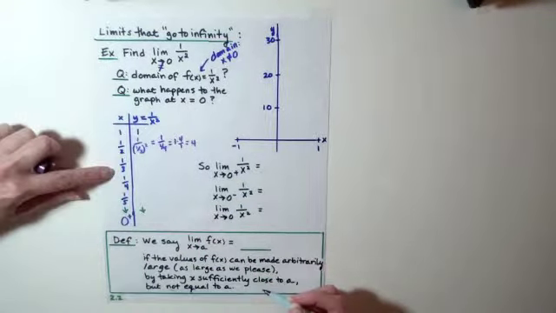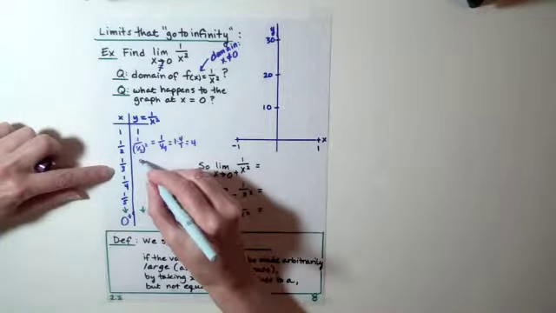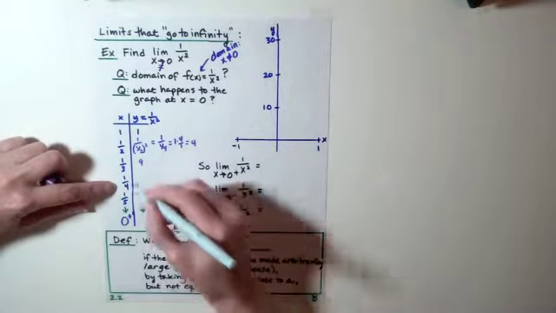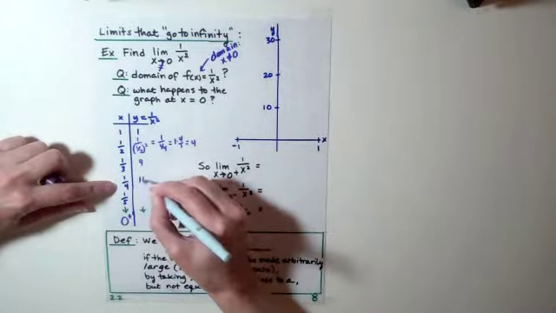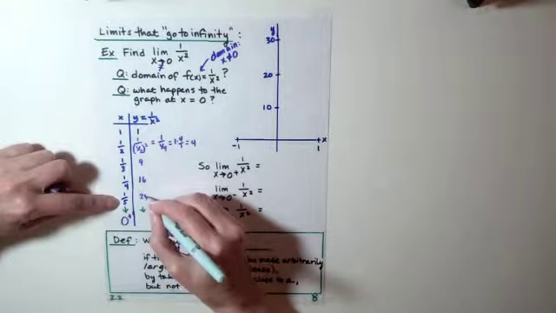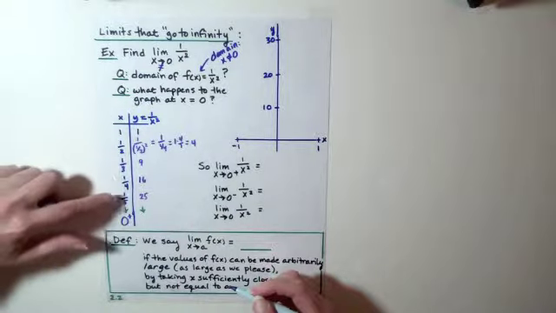If I put in a third, similarly, I'd get 1 over 1/3 squared, that's 1 over 1/9. When I invert and multiply, I'll get 9 as an output. If I put in 1/4, in a similar way, I'll get 16. If I put in 1/5, I will get 25. And notice that these input values are getting smaller and smaller.